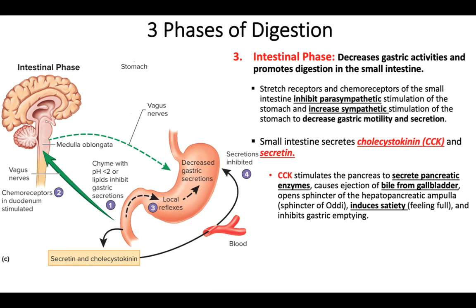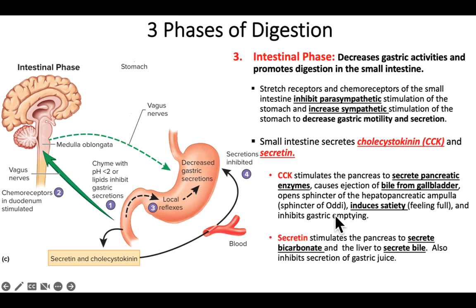It's going to eject bile from the gallbladder because we need bile to enter the small intestine. And then it also induces what we call satiety, which is your sense of feeling full. All right, so you kind of get this fullness feeling when the small intestine produces cholecystokinin. And then it inhibits gastric activities.